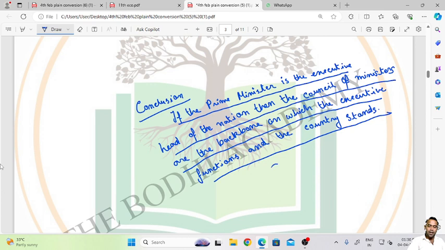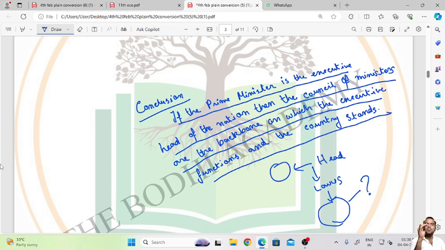Now the Prime Minister is the head, and he is issuing laws, but if there is no Union Executive, then who will make sure that these laws are being obeyed properly and the administration and the entire system is running smoothly? So this is why, if the Prime Minister is the executive head of the nation, then the Council of Ministers are the backbone on which the executive functions and the country stands.